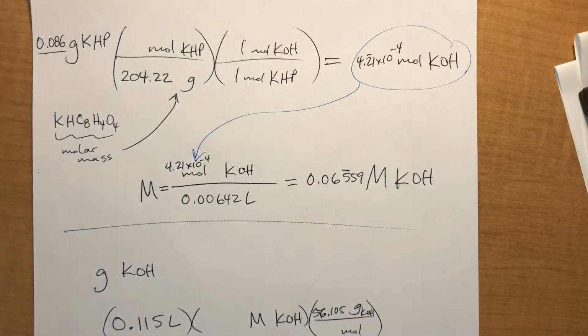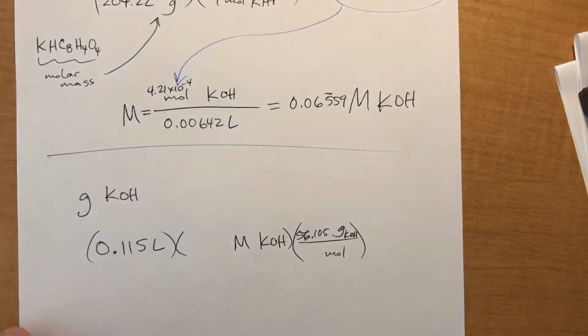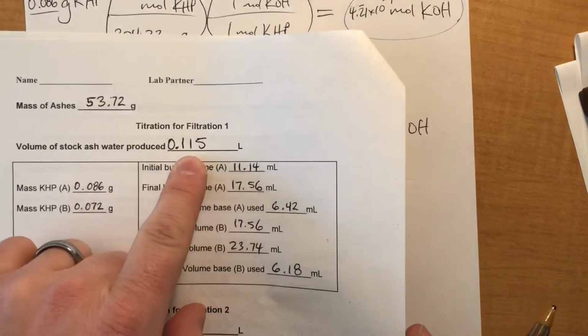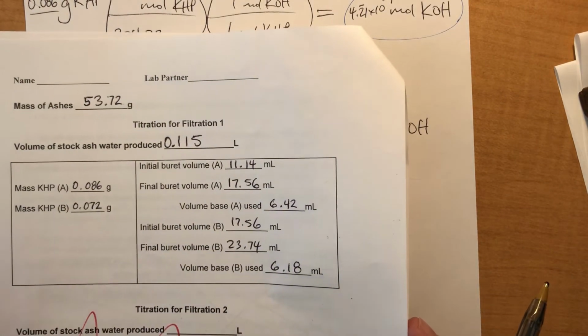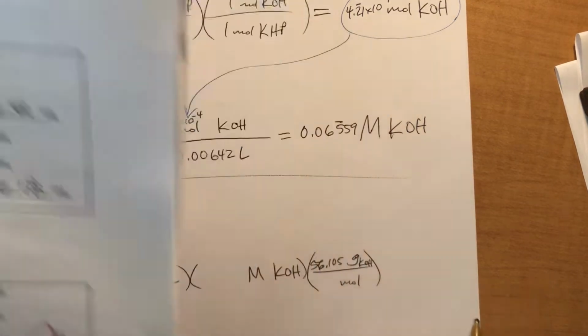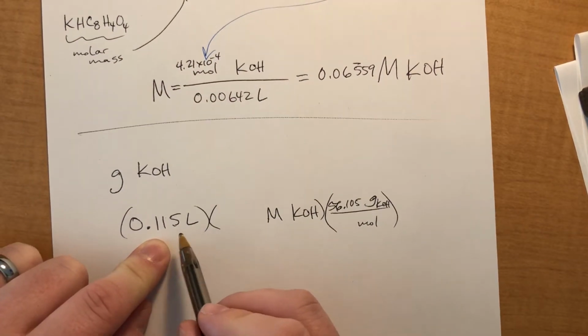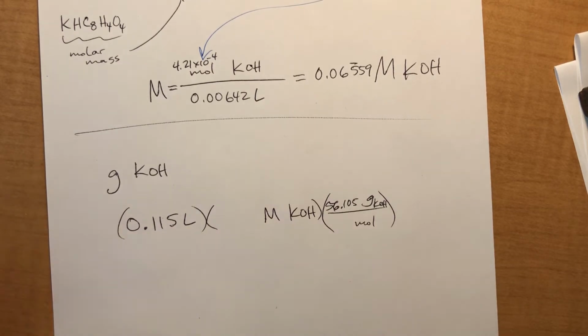It asks you to solve for grams of KOH. Since we know the concentration of the solution and we know the total volume of the solution, we can figure out how many moles that is, and then we can use the periodic table to convert from moles to grams. My total volume was 0.115 liters. I have no idea what your number is. Please don't use 0.115 unless that is what your number is.